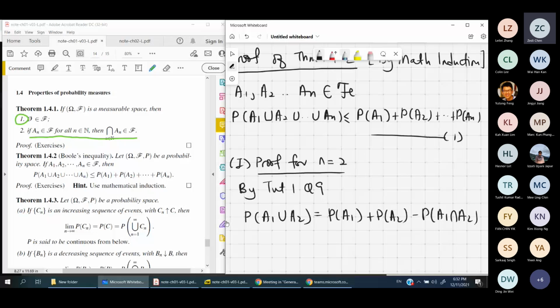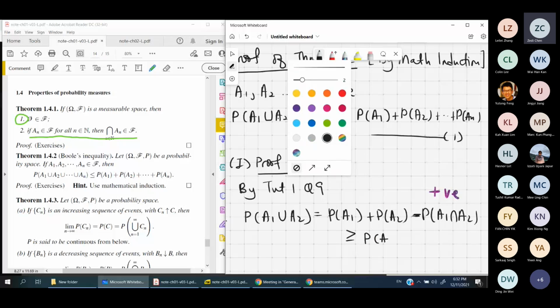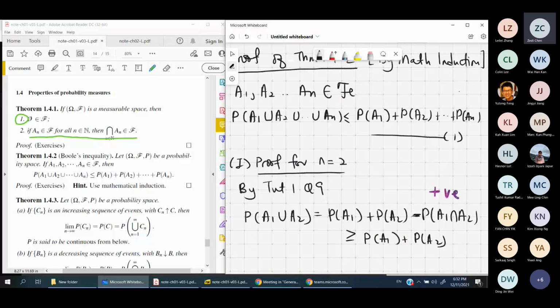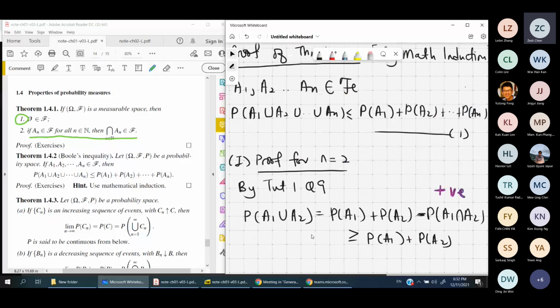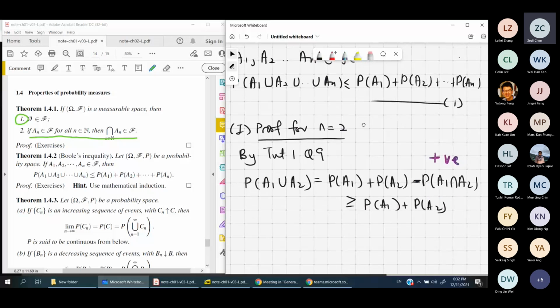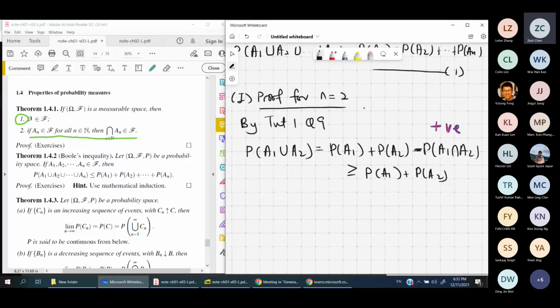Because this is a positive number, and we subtract a positive number, the union must be always less than or equal to P of A1 plus P of A2. Now we have verified this formula for n equals 2. Hence this formula is true for n equals 2.